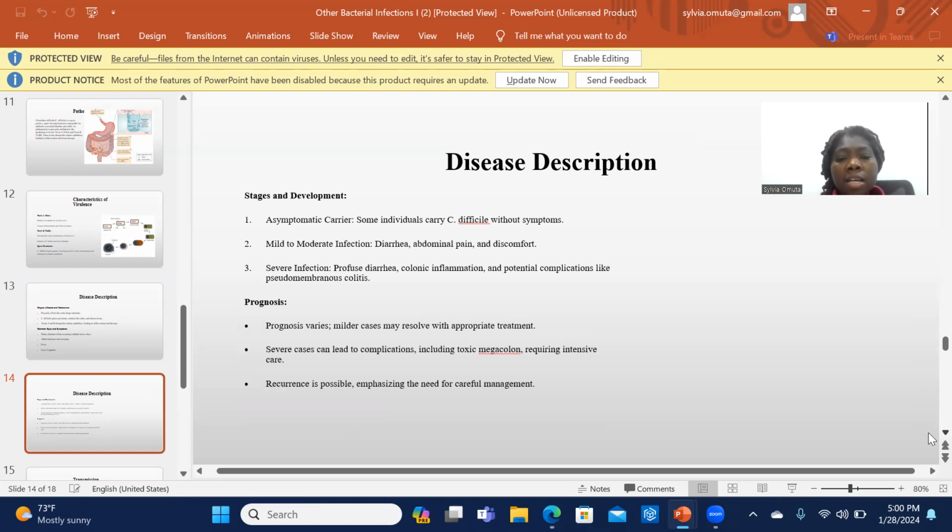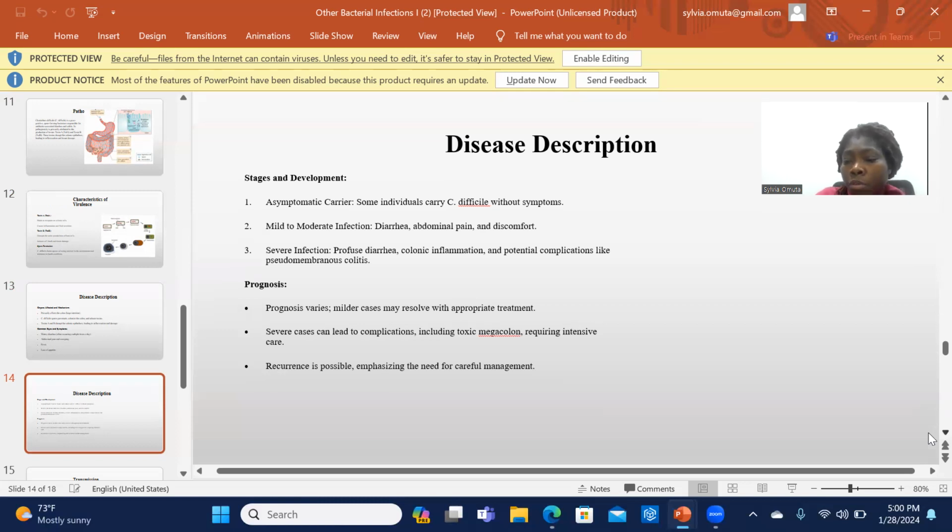Pathogenicity varies. Milder cases may resolve with appropriate treatment. Severe cases can lead to complications, including toxic megacolon, requiring intensive care. Recurrence is possible, emphasizing the need for careful management.